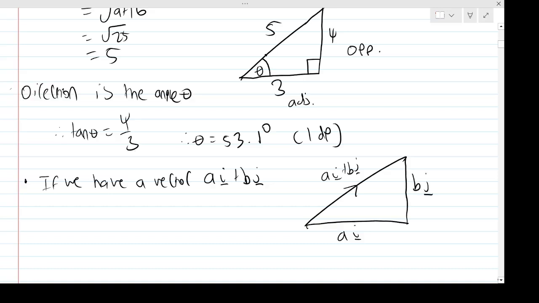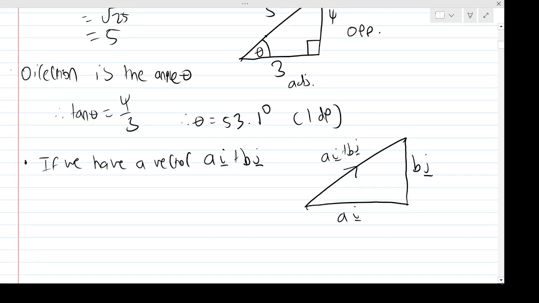Here a and b are just the coefficients, the x and y parts.